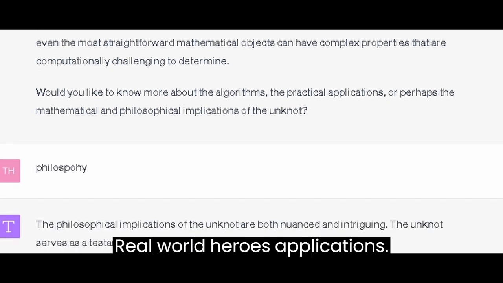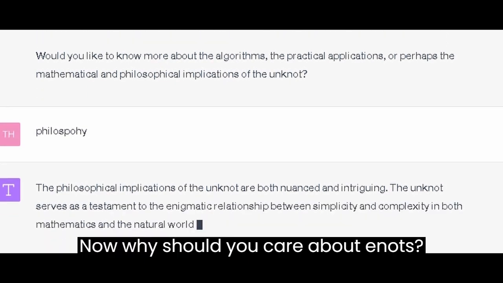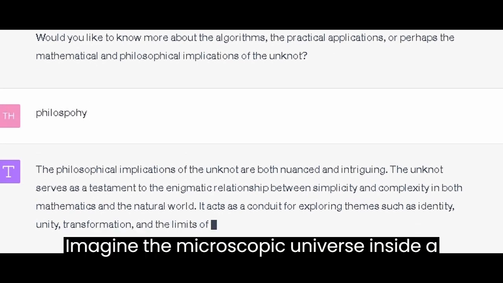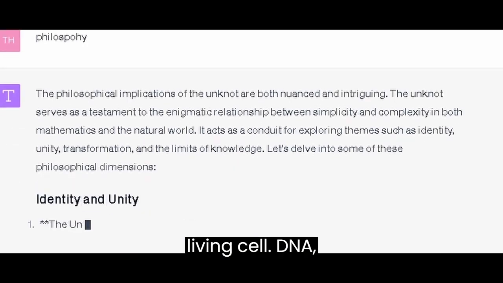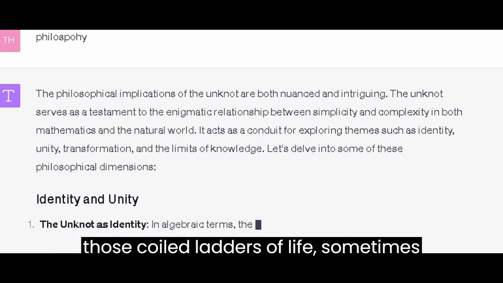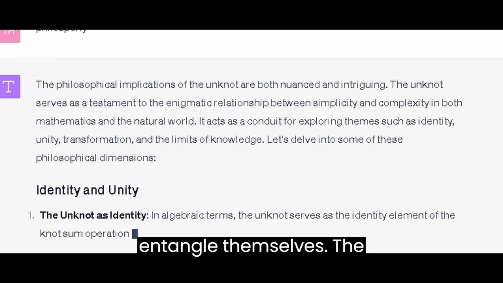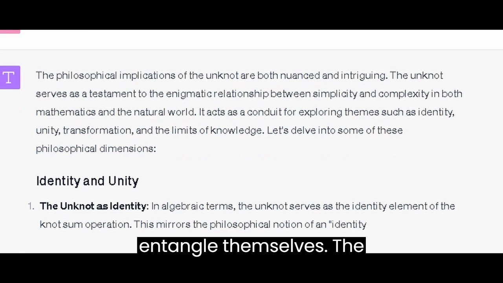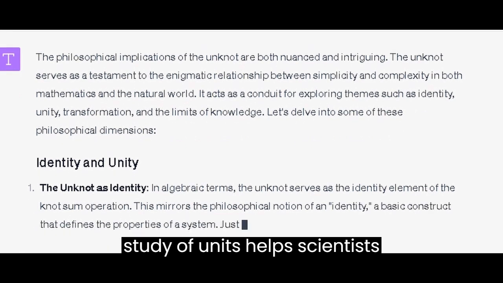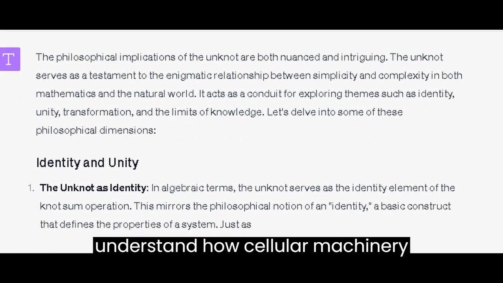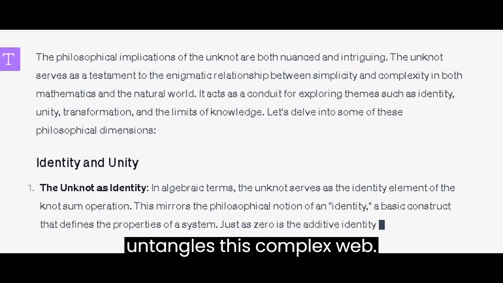Real-world heroes, applications. Now, why should you care about unknots? Imagine the microscopic universe inside a living cell. DNA, those coiled ladders of life, sometimes entangle themselves. The study of unknots helps scientists understand how cellular machinery untangles this complex web.